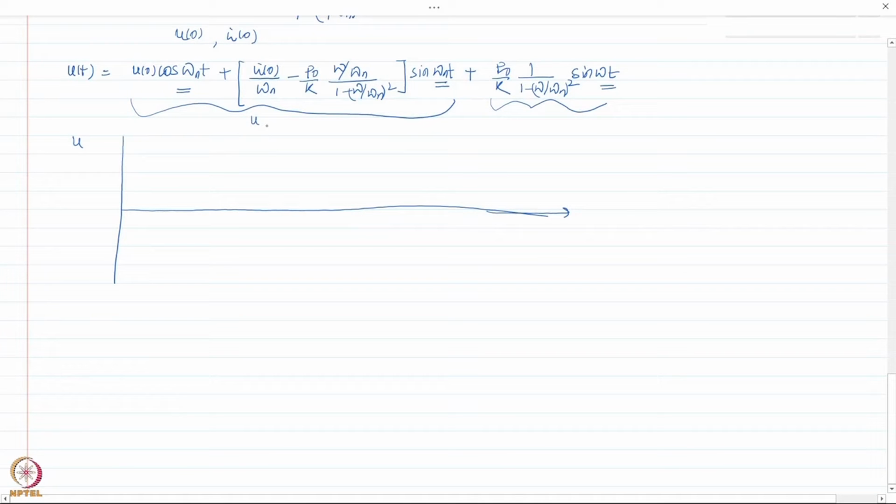Let me call this u1 and this u2. If you plot u1, what you are going to see is that it vibrates at its own frequency omega n, which is the natural frequency of the system, and let us say it looks something like this with some initial conditions.